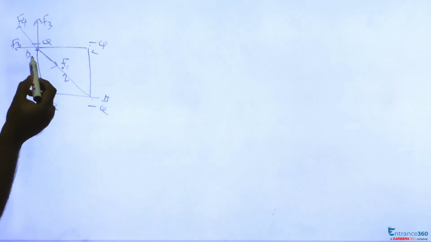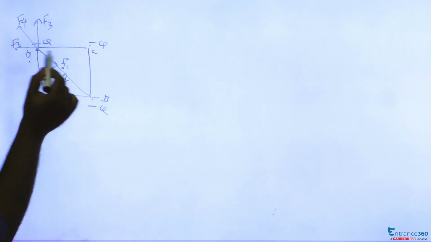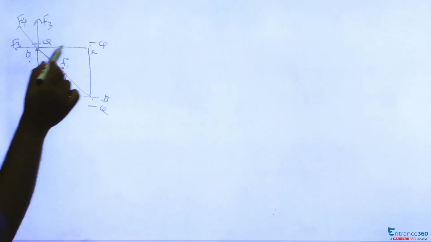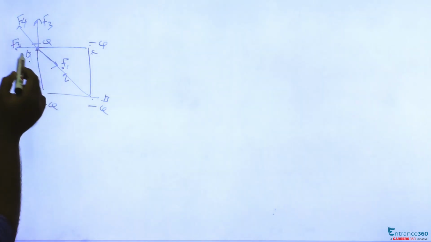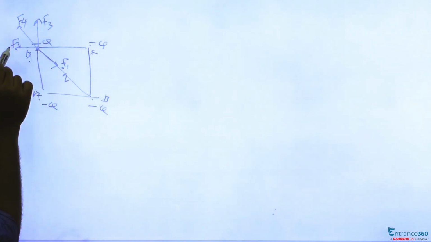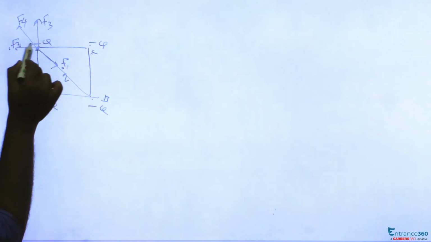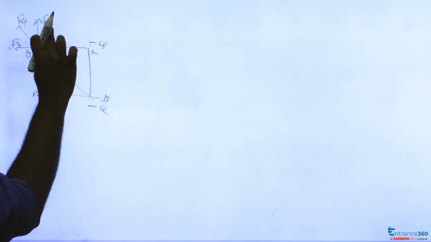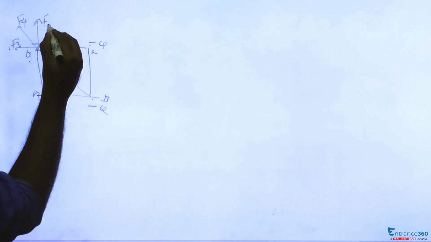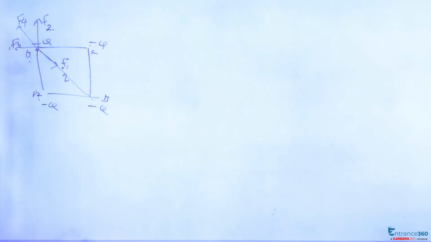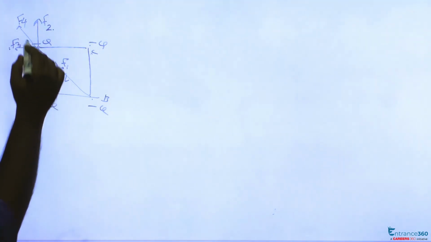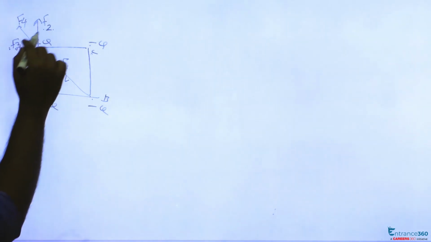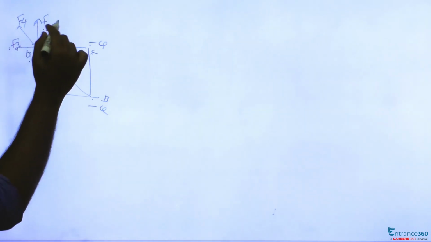See, this distance AD equals distance DC and charges on A and D and C are equal. So you can tell that the magnitudes of F2 and F3 will be equal. So I am just naming both as F2 itself because the magnitude will be equal.